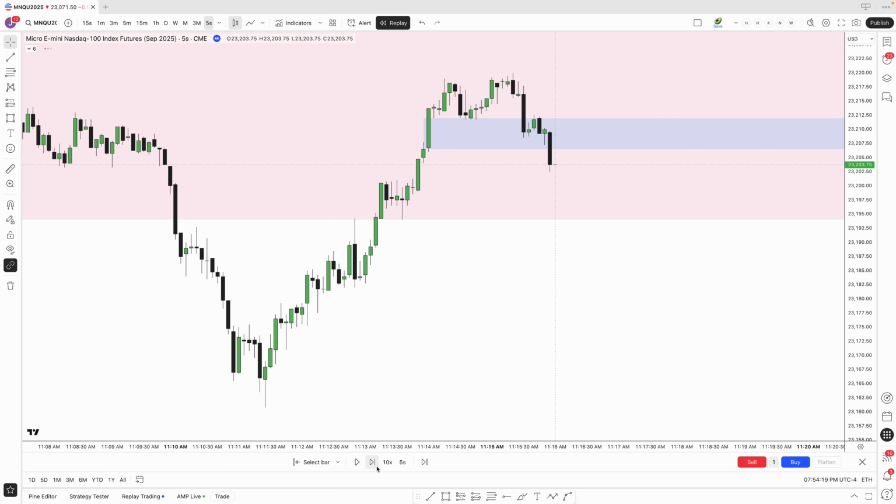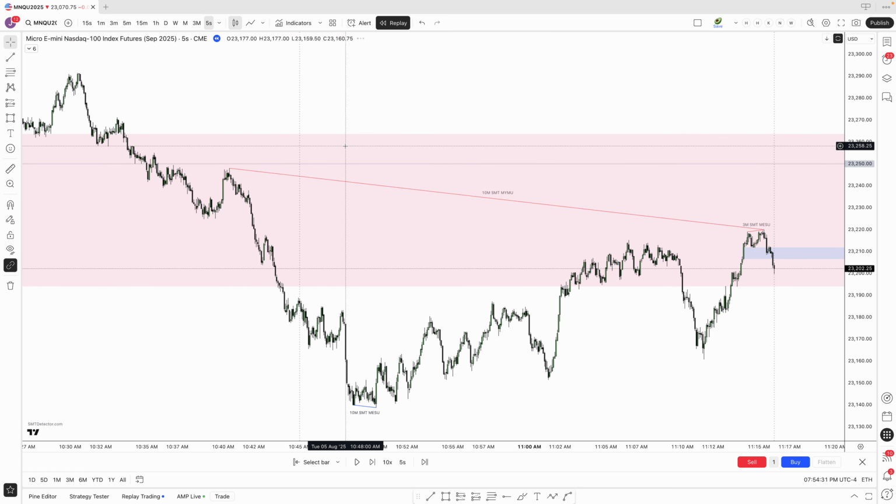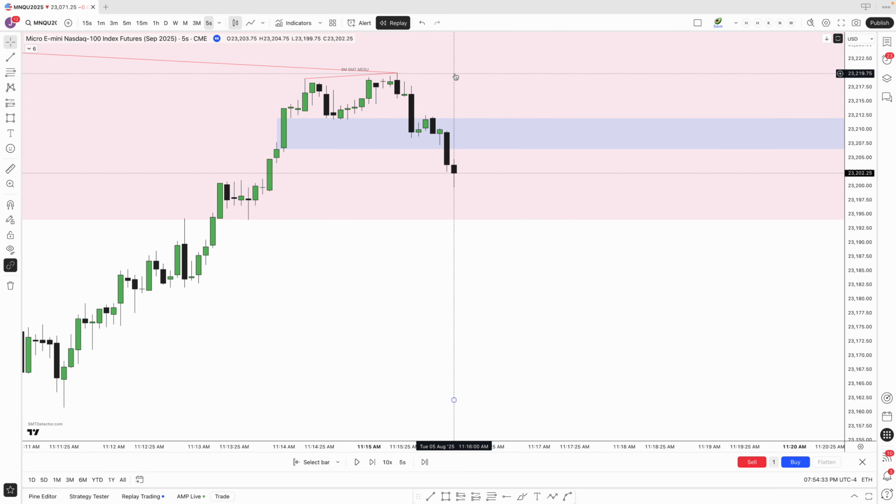So it does that here. And this high is at 11:15 and 20 seconds, just before the macro ends, so it's valid to get in this trade. As long as the high forms before 11:16, I'll take a trade.